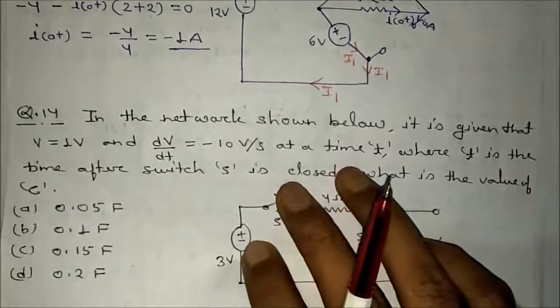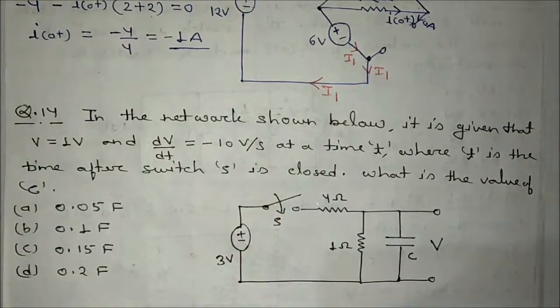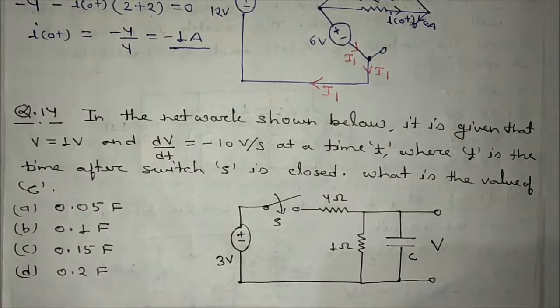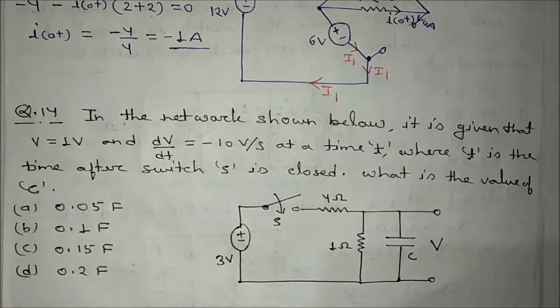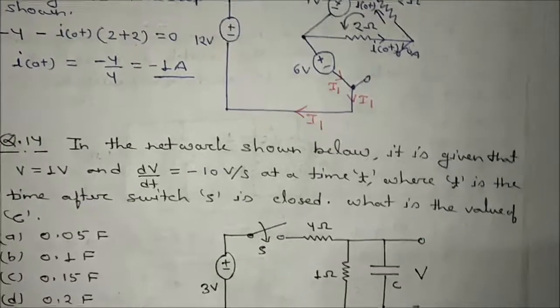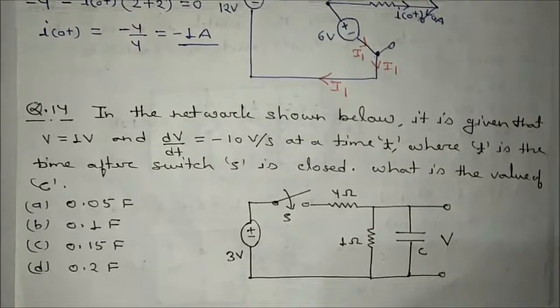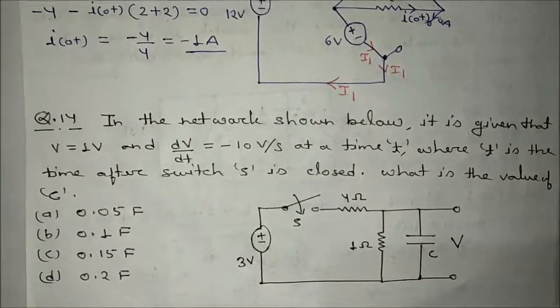Now the next problem. In the network shown below, it is given that V is equal to 1 volt and dV/dt is equal to minus 10 V/s at a time t, where t is the time after switch S is closed. What is the value of capacitance C?